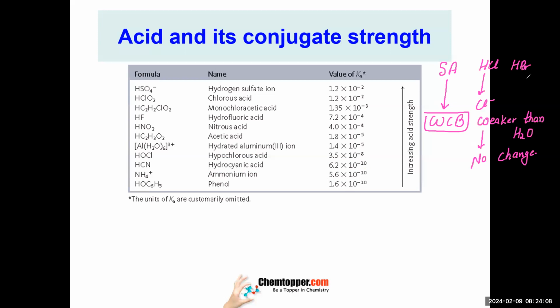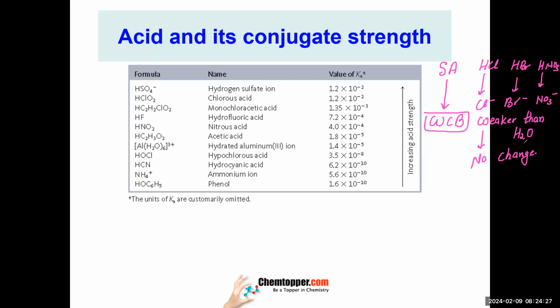HBr, Br minus. The water will not react with them because they are very weak. They are not reactive because they are the conjugates of strong acids, like NO3 minus. So no change.